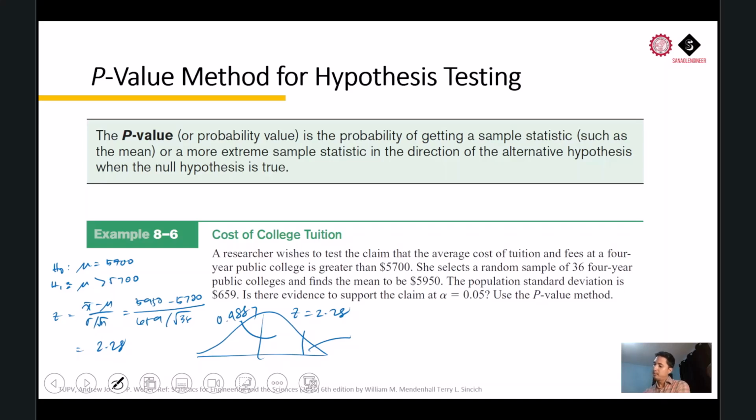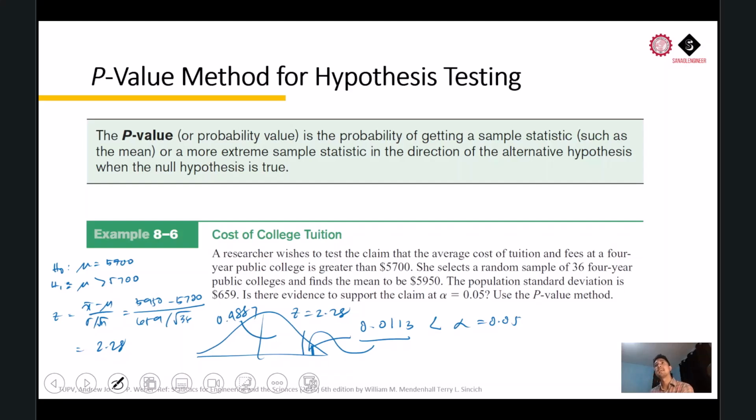Therefore, the remaining area is 0.0113, right? And since this value is less than alpha, which is 0.05, it falls in the critical region.